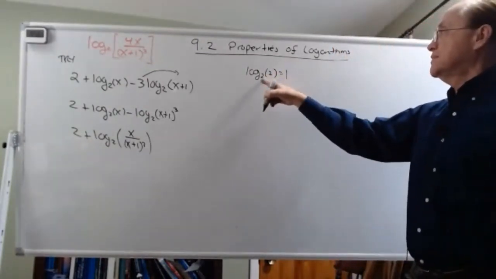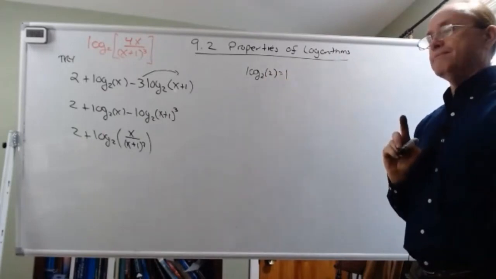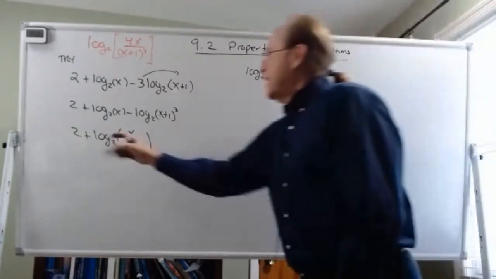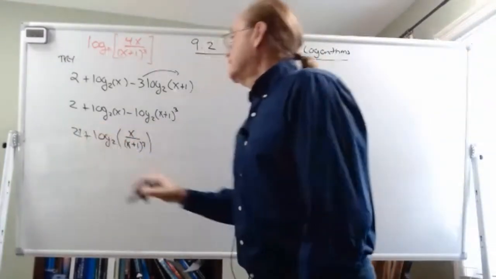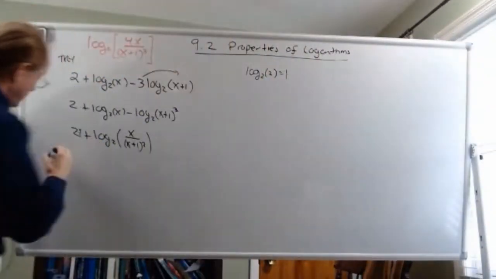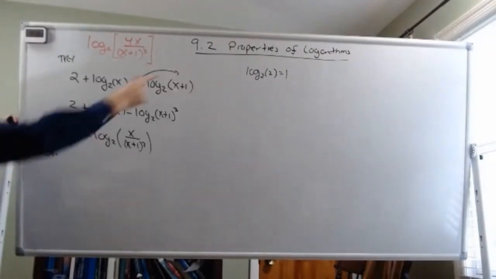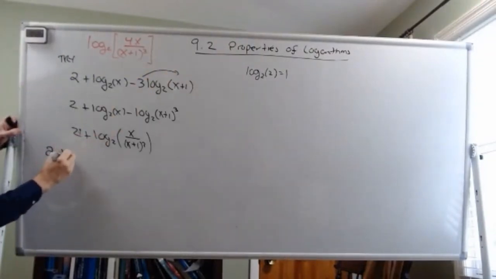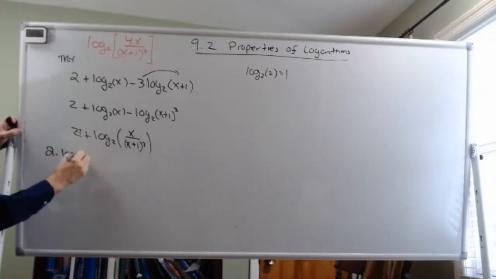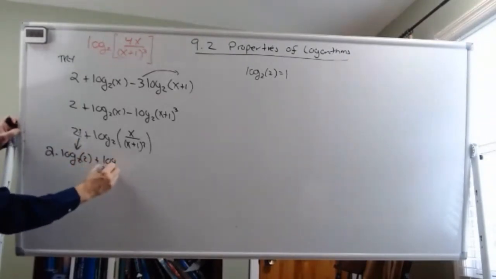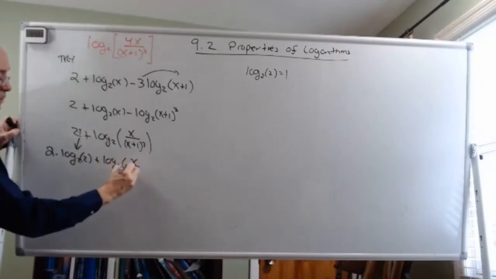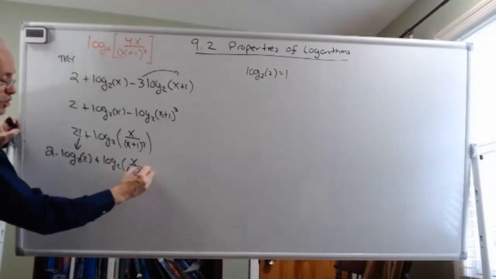Suppose I put the same base here. So this is really 2 times 1. I could replace this, which is 2 times 1, with 2 times log in the base 2 of 2. So that's equivalent to that expression, plus log in the base 2 of x over x plus 1 cubed.